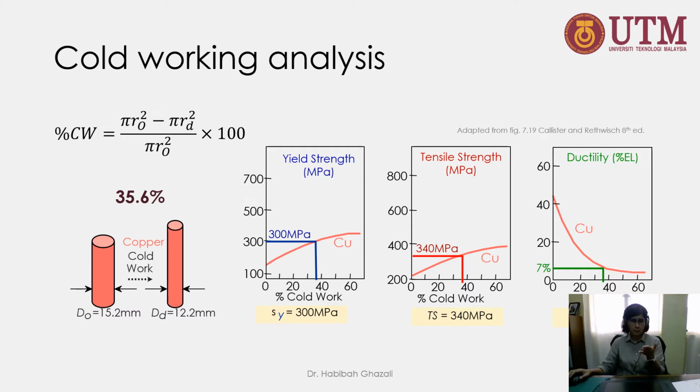So for this example, it is a copper metal. Copper metal, before it's being cold worked, is a very ductile material because of its crystal structure. It has an FCC crystal structure.